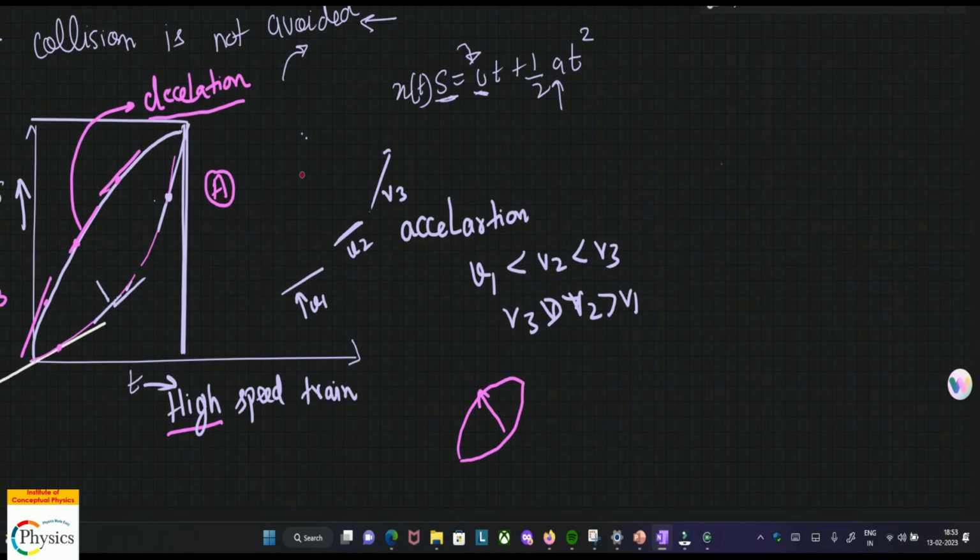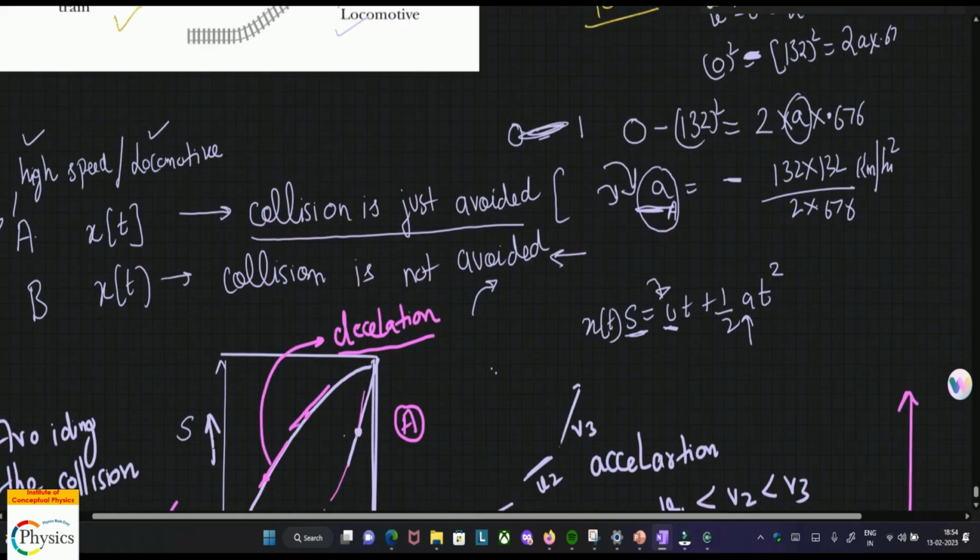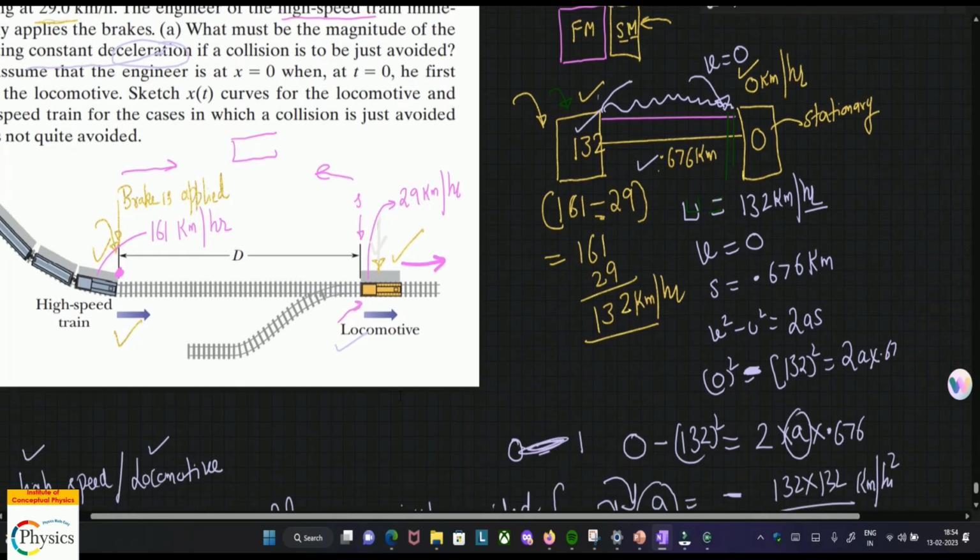So this guy, in the case of aversion of the collision, just continues to move with his own pace, doesn't give a damn as to who's coming behind him, with a constant velocity and slope, of course, whatever is given as the velocity of the locomotive. I think it's written in the question; we just used it when we subtracted 29, right?